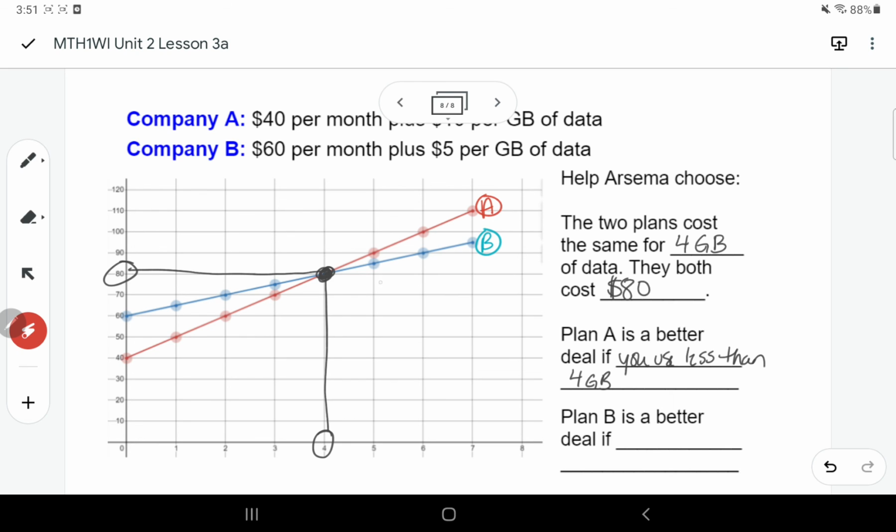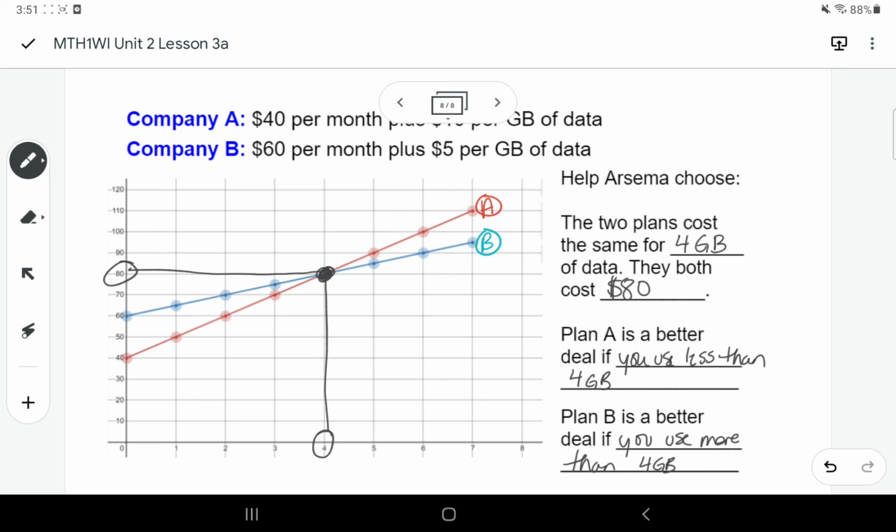Plan B is a better deal. Plan B is lower out here for bigger numbers of gigabytes. If you use more than 4 gigabytes. If you use exactly 4, it doesn't really matter because they'll both cost the same. So that's what we're going to be working through in this unit for our linear relationships.